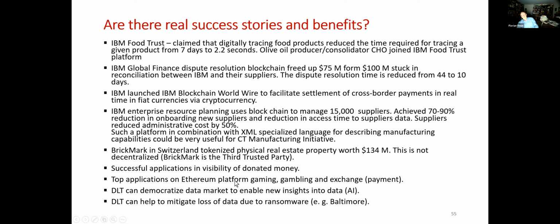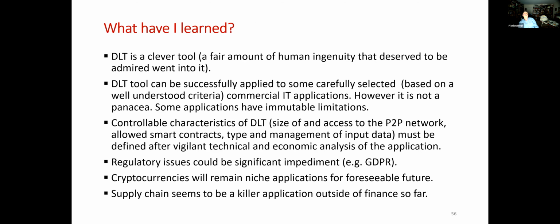Instead of proof of work, they speed up the platform compared to traditional Bitcoin. Still, major applications are in gambling and exchange in cryptocurrencies. So there are these other ideas that this can democratize markets, enable new insight in artificial intelligence, and ransomware is another application.